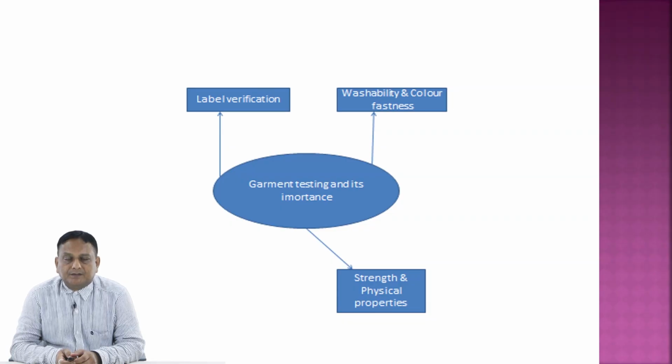So in garment testing, the preliminary level of testing contains these parameters, mainly the durability part, the colorfastness part, and the label verification part. Those three things are very important in the initial stage of garment testing.